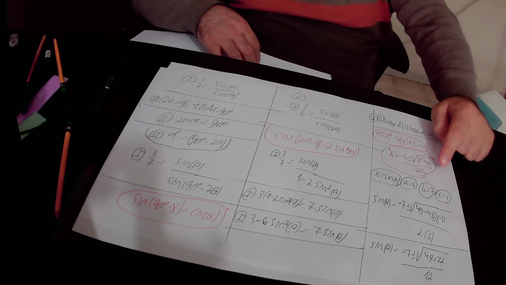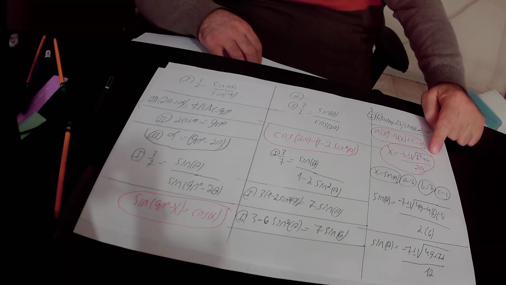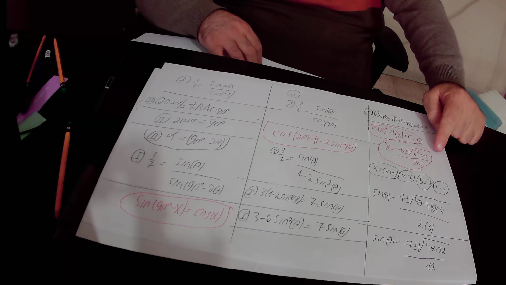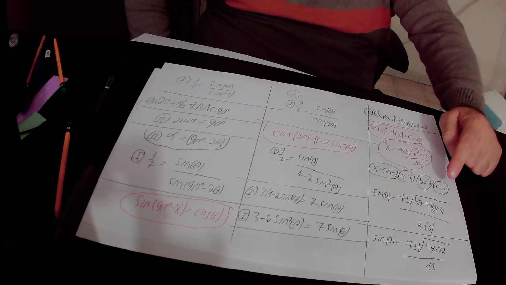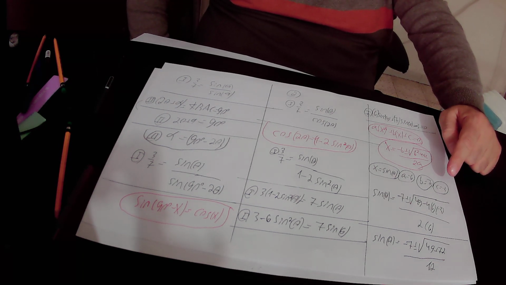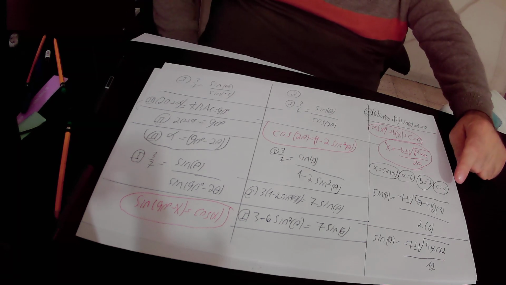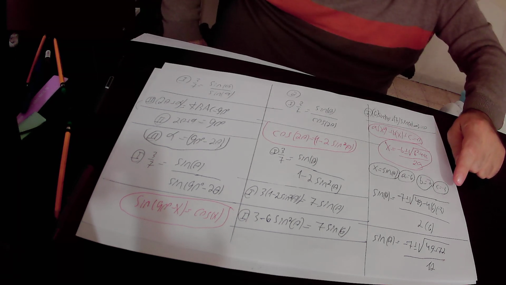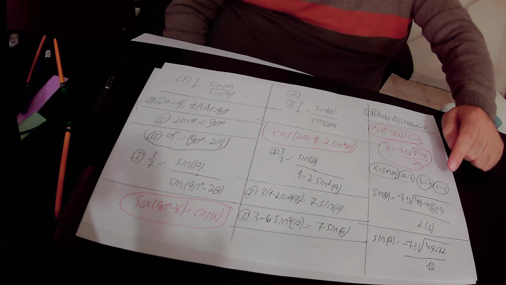We put the data inside the formula for x in order to find the value of sine theta. So we found that sine theta equals minus b, b is 7, so minus 7, plus or minus the square root of b squared, b is 7, so 7 squared is 49, minus 4 times ac. a is 6, and c is minus 3.